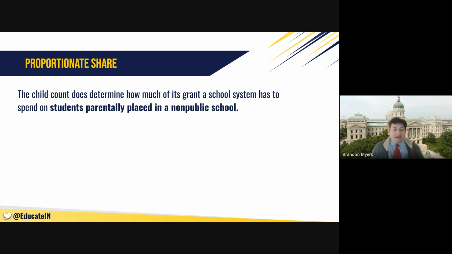So we're getting that from this child count because we can tell, as I mentioned earlier, from the data, whether or not your child is being educated in a non-public school. So it is very important that that data is accurate so that we're making sure that that money is being spent properly.